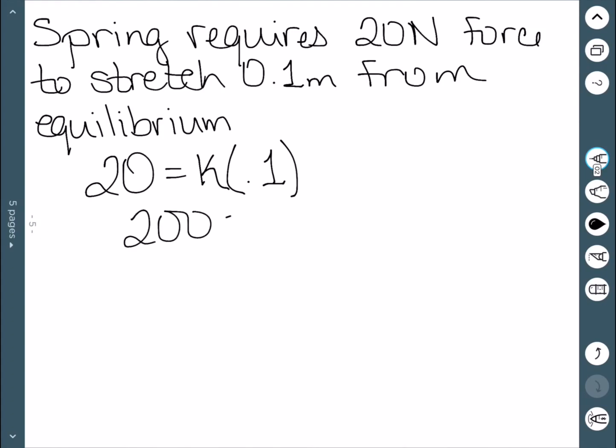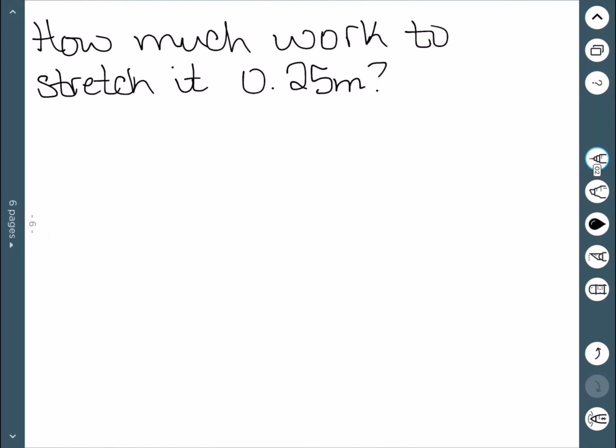Therefore, I have that my spring constant k is 200. We now want to see how much work would take to stretch this spring 0.25 meters.